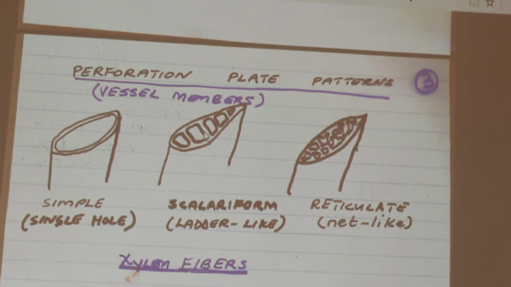There's material in between the holes. And then here we have reticulate perforation, where we can just see a net-like perforation. These are the perforation plates, and on the side we have pits, in botany not perforations.